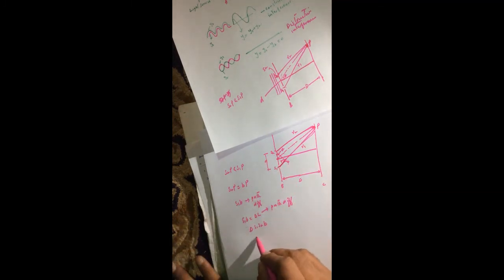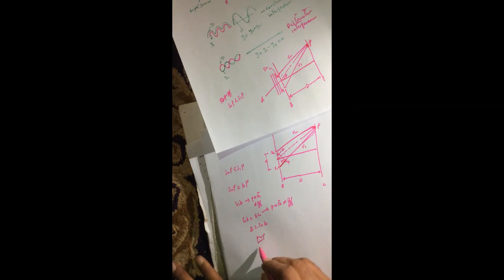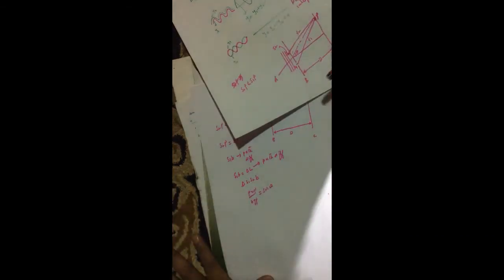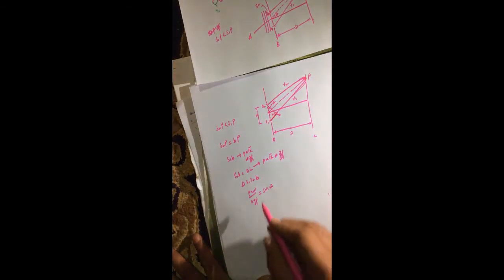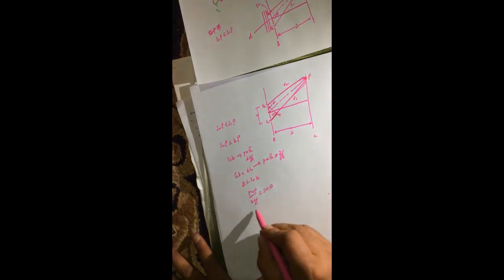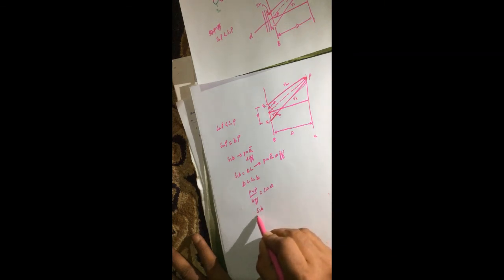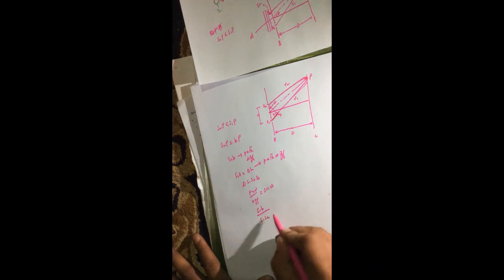So we know that perpendicular over hypotenuse is equal to sine theta. Now the perpendicular here is S1B over hypotenuse S1S2, which is equal to sine theta.